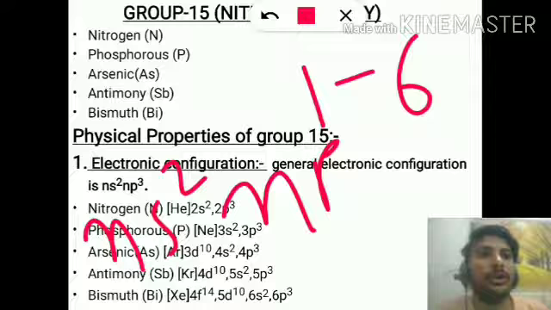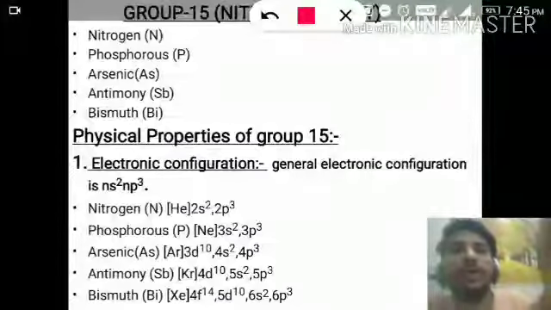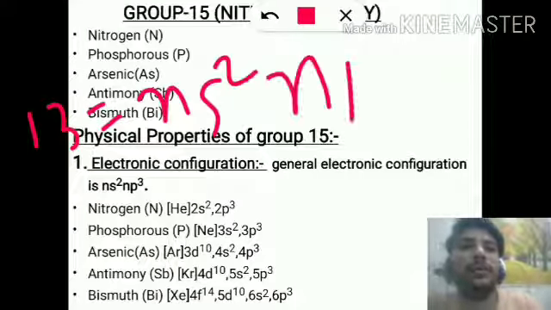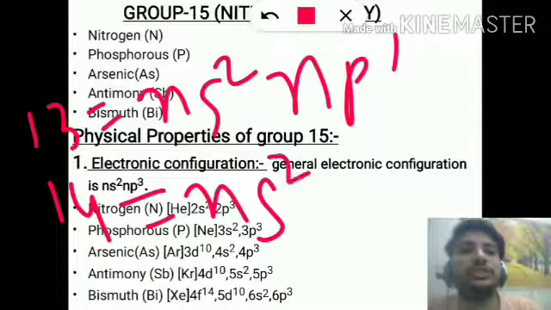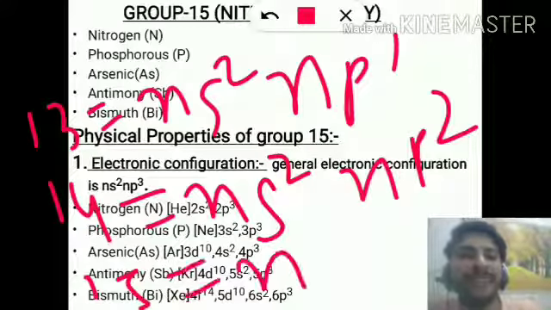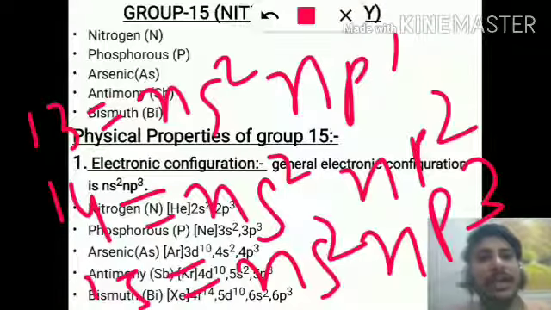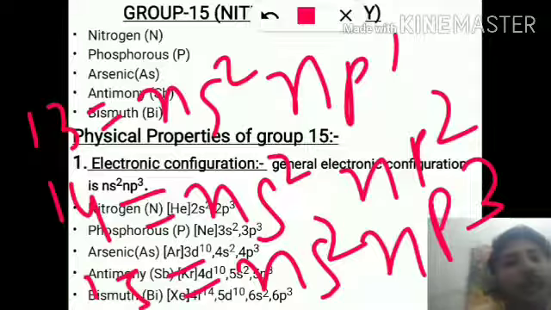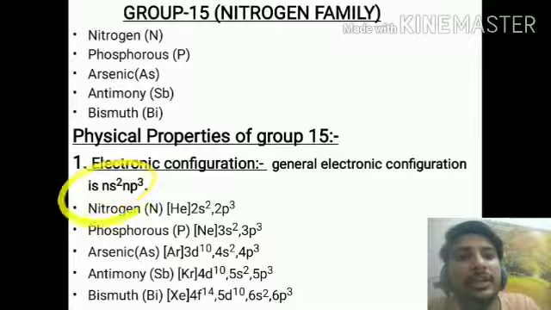But if we are talking about 15 group elements, for 13 group elements the electronic configuration is ns2 np1. For 14 group elements it is ns2 np2. For 15 group elements it is ns2 np3. So you can see 13 group ns2 np1, then ns2 np2, then ns2 np3, which means the general electronic configuration of group 15 is ns2 np3.